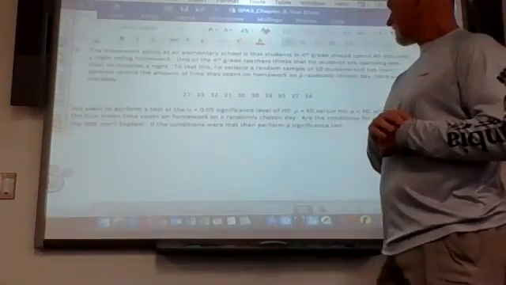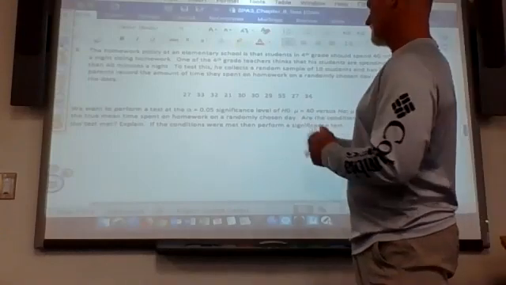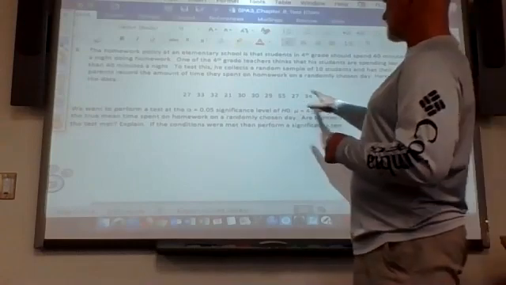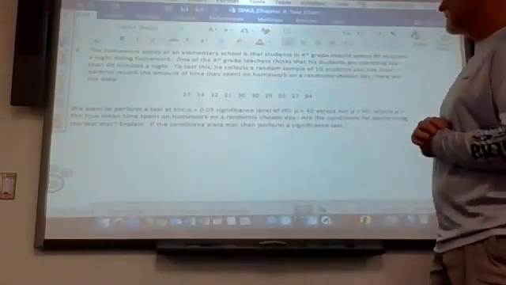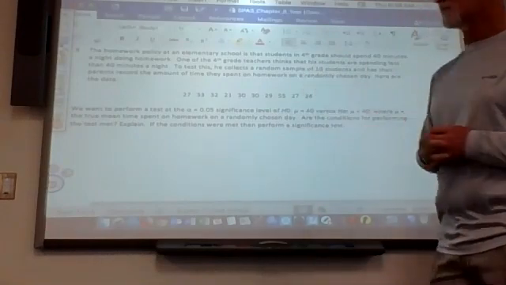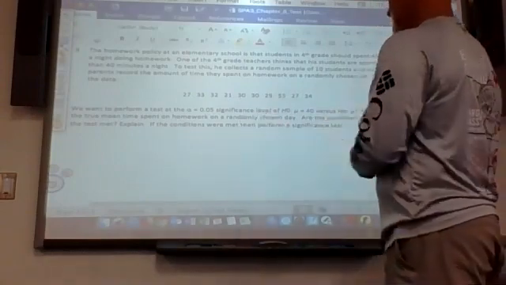Another question here, on the conditions of performing a test, are they met? Well, it's random. The question that we have is that we have only 10 students in the sample. So we have to see somewhere where it would indicate to us that this comes from a population that's normally distributed, and it doesn't say that anywhere.